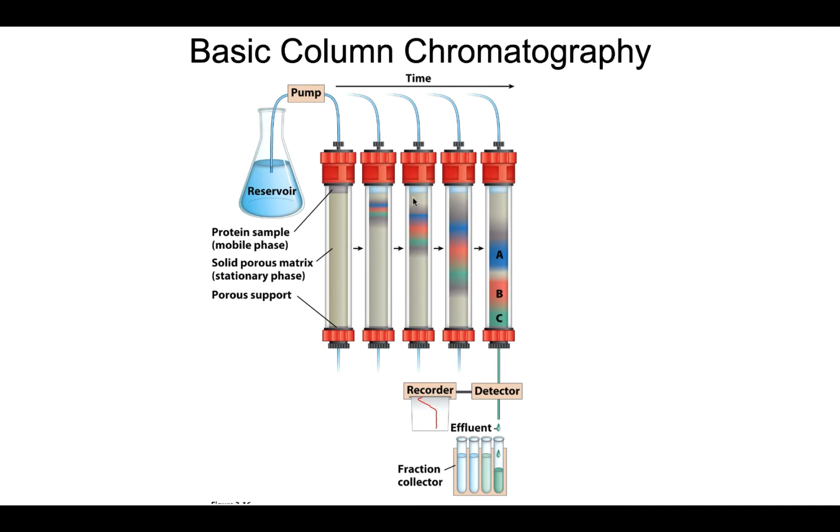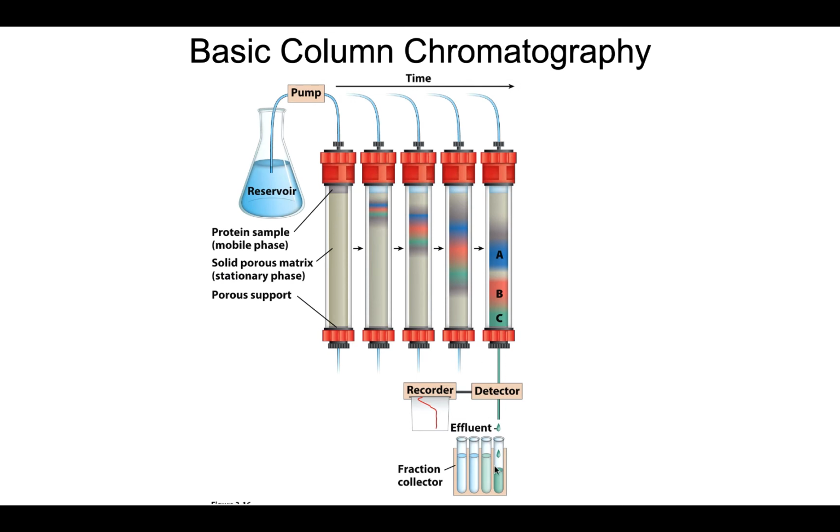As your protein sample begins to run through the stationary phase, that stationary phase, depending on what it's made up of, will start to interact with different proteins in different ways, such that some proteins will run a little bit more quickly through it, and some proteins will run more slowly through it. So as these proteins pass through that stationary phase, they are going to be collected at different points in time.